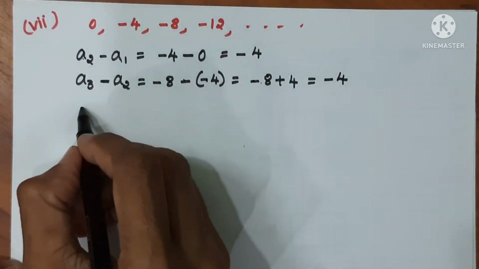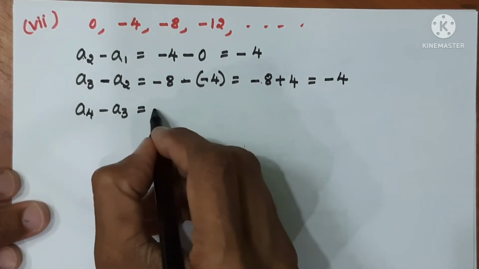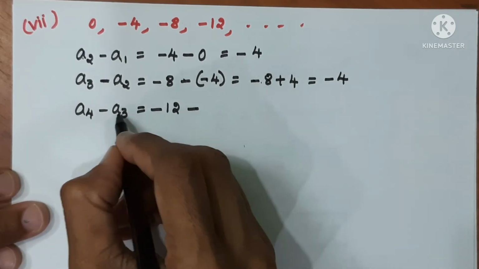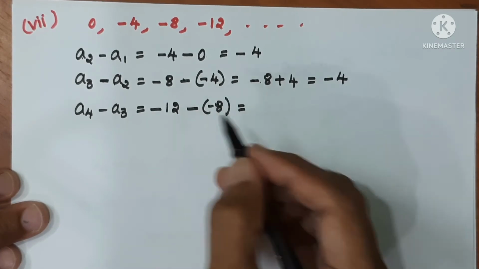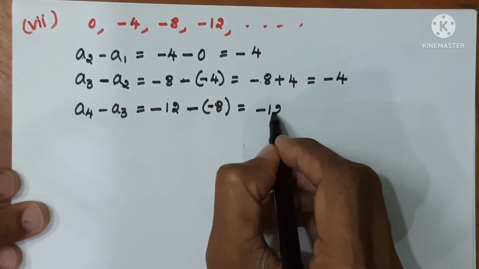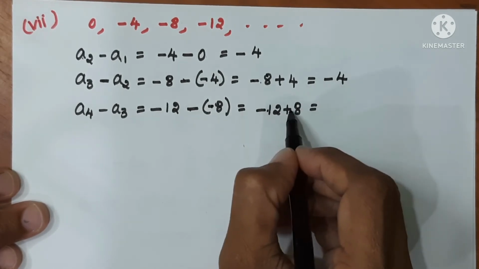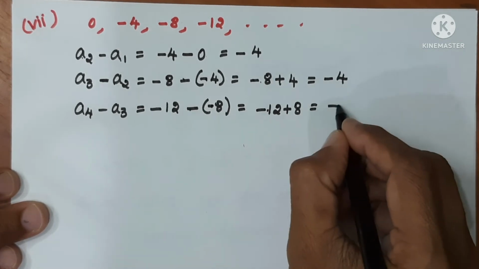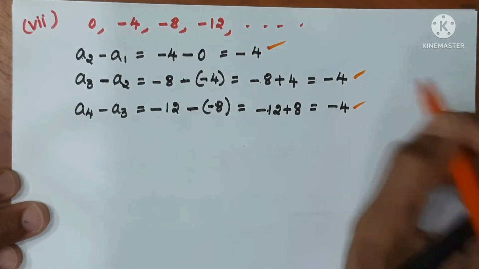Subtracting 8 and 4 we get 4 and the bigger number is having the negative sign, so we get negative 4. Again A4 minus A3 will be equal to fourth term is minus 12 minus third term is minus 8. Don't forget to write the bracket. Minus into minus plus we get minus 12 plus 8. Here also these two numbers are having the opposite sign. So after subtracting we get minus 4. Here you can clearly observe that the difference is common.